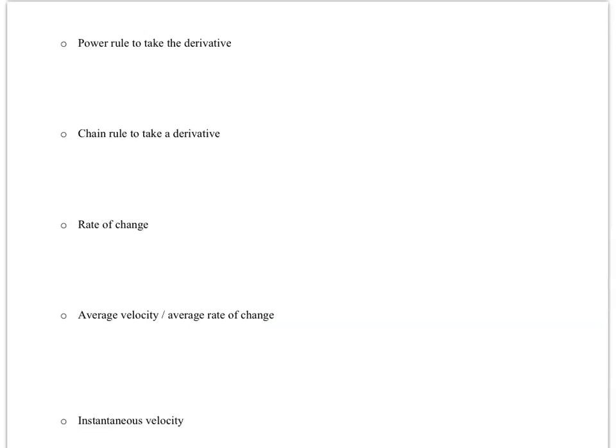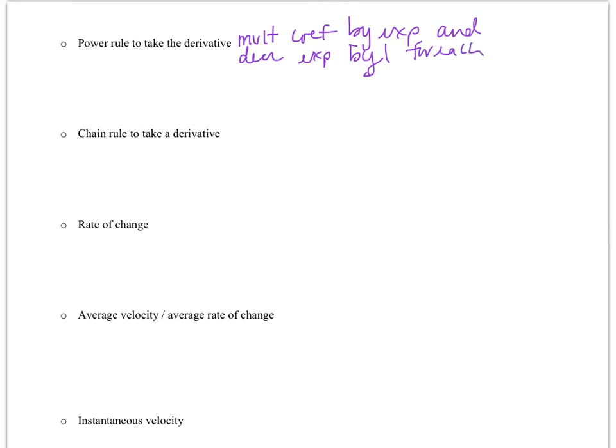When we are doing basic power rule to take the derivative, what we are going to do is we will multiply the coefficient by the exponent and then decrease the exponent by 1 for each term.